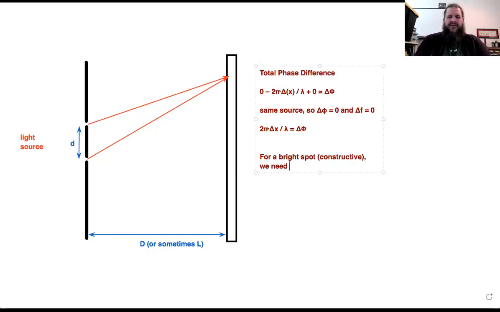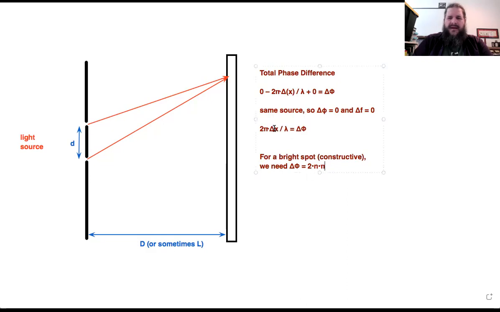Yeah, that total phase difference needs to be 2n pi. Because that gives you an even multiple of pi, in other words, a whole number of cycles. And a whole number of cycles offset means that the waves are really the same, or at least the crests and crests line up, trough and trough line up. So we want the waves to be offset by a whole number of complete cycles.